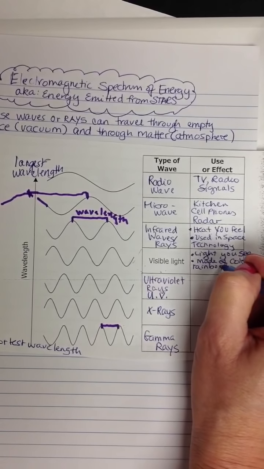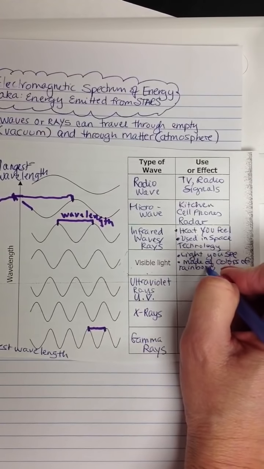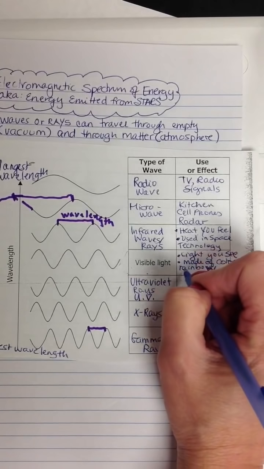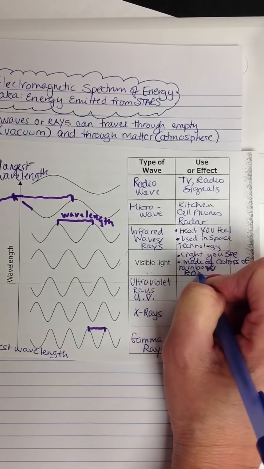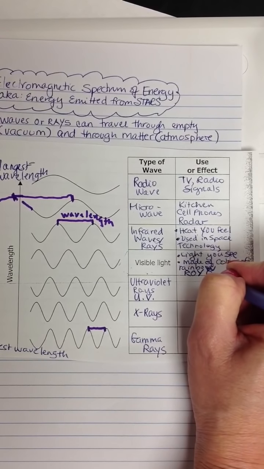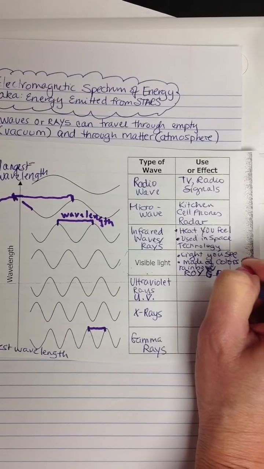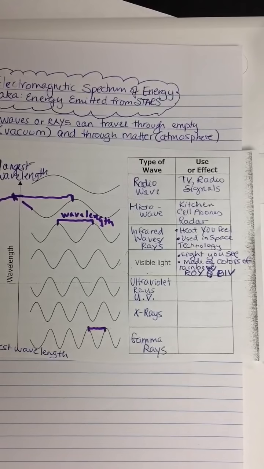One way to remember the colors is an acronym, and it's ROY G BIV. Roy G. Biv helps us remember the colors of the rainbow.